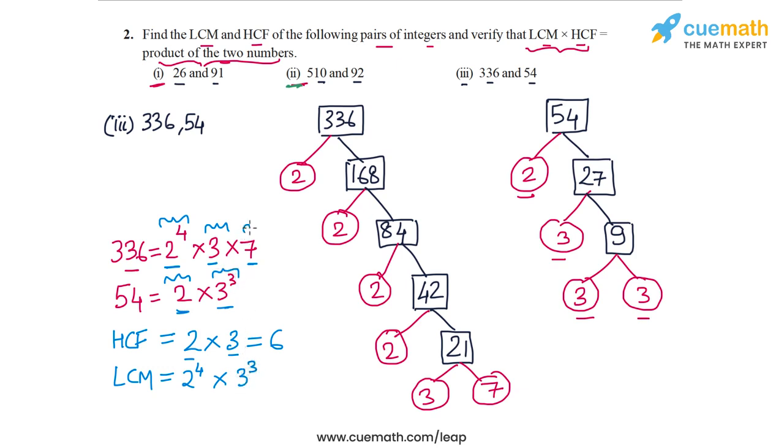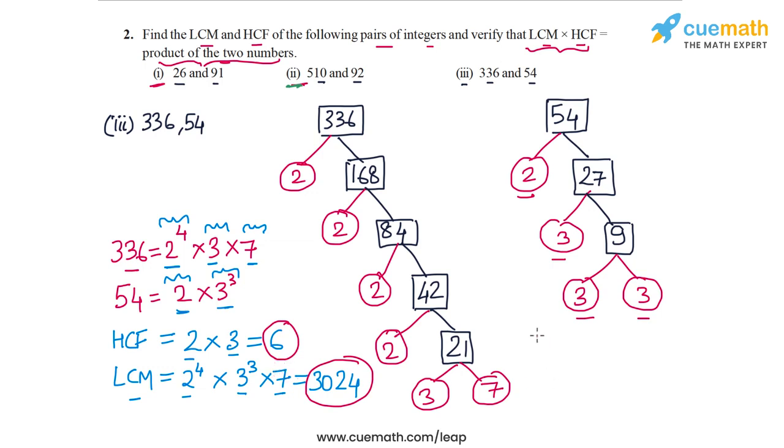And then 7 occurs once in the first number and does not occur in the second number. So in the LCM it will occur once. So the LCM will be 2 to the power 4, which is 16, times 3 cube, which is 27, times 7. So this is equal to 3024.